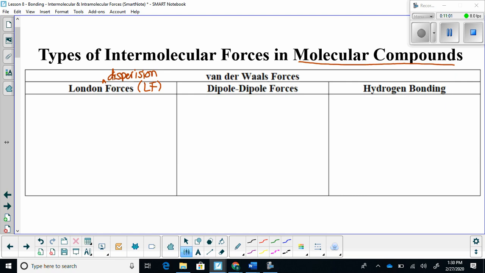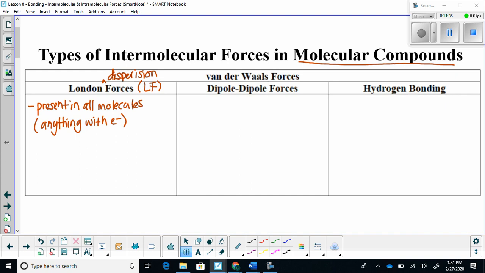Now, London forces exist in anything that has electrons. The more electrons, the more London force you will have, okay? So it's present in all molecules, because all molecules have electrons.